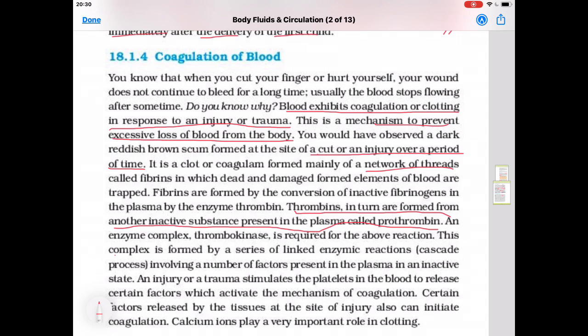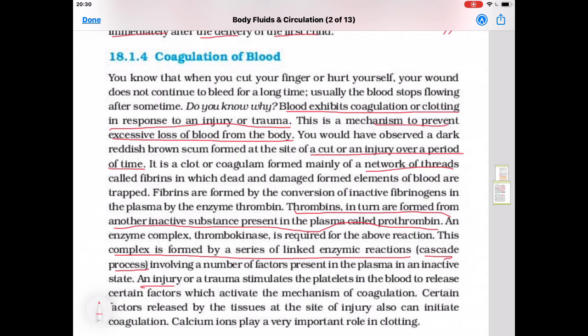This complex is formed by a series of linked enzymatic reactions, a cascade process. Cascade means a number of reactions occur during this process, involving a number of factors present in the plasma in an inactive state.